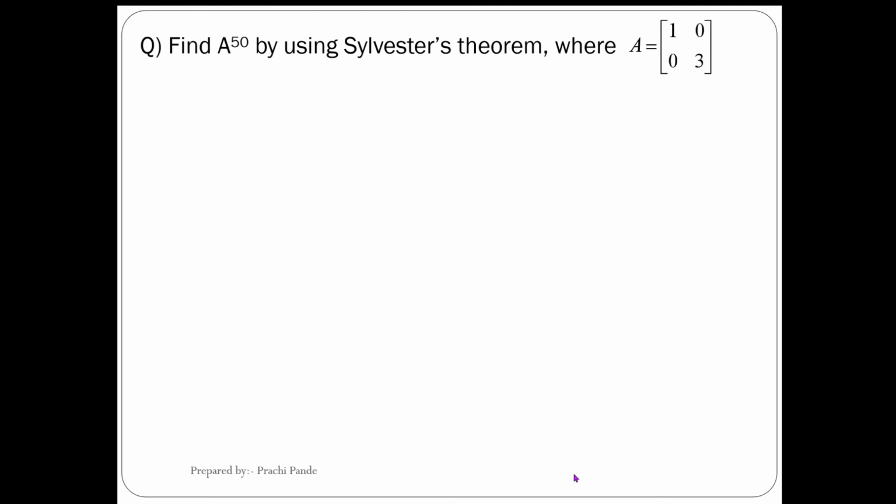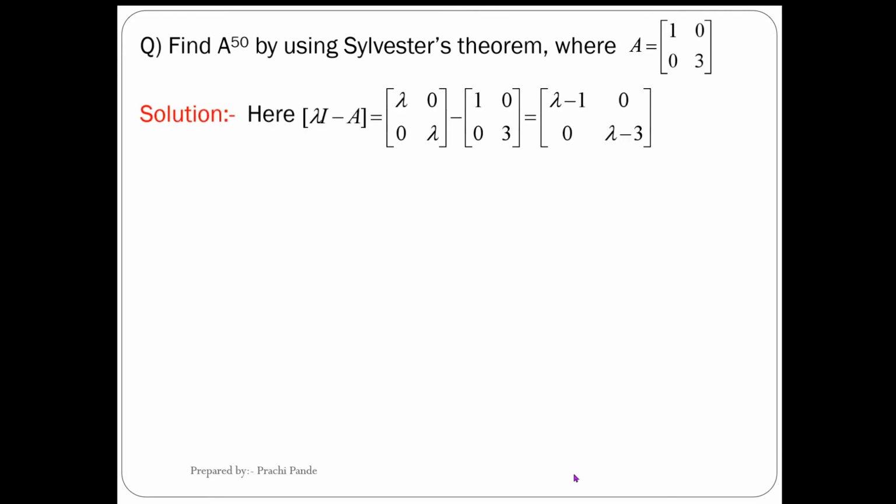Here we have to find A raised to power 50 by using Sylvester theorem, where A is the matrix of order 2 cross 2, equal to [1 0; 0 3]. Now for this matrix A, we first have to find the matrix lambda I minus A, which is equal to [lambda minus 1, 0; 0, lambda minus 3].